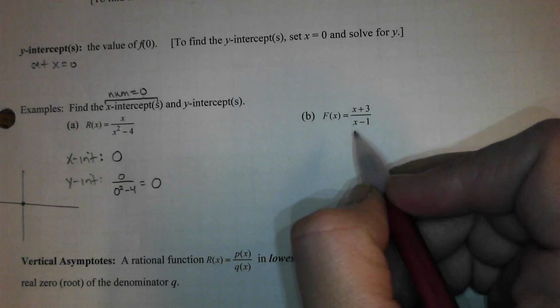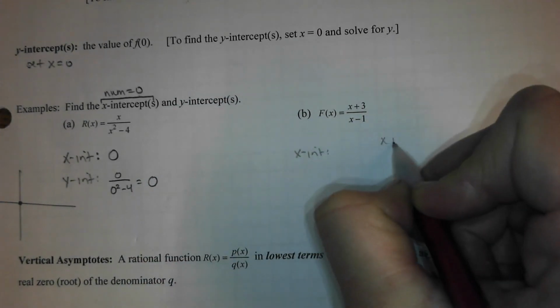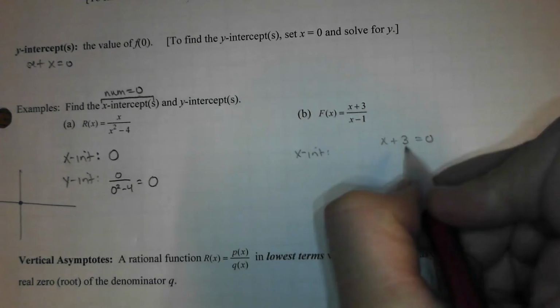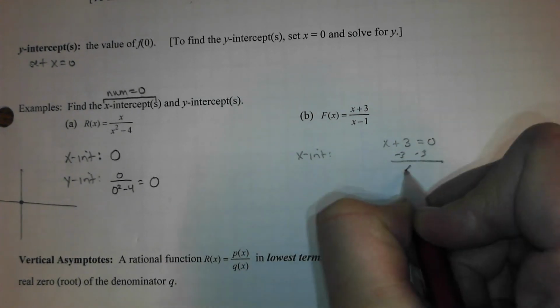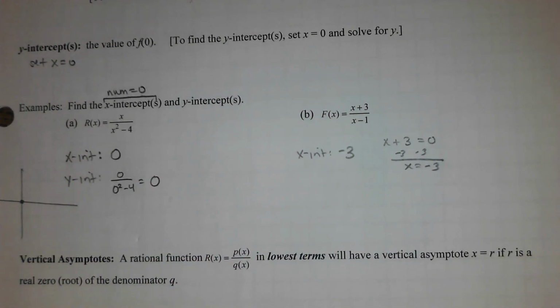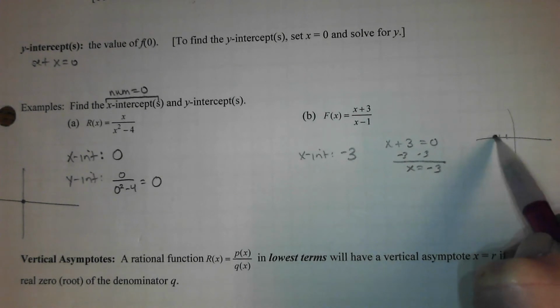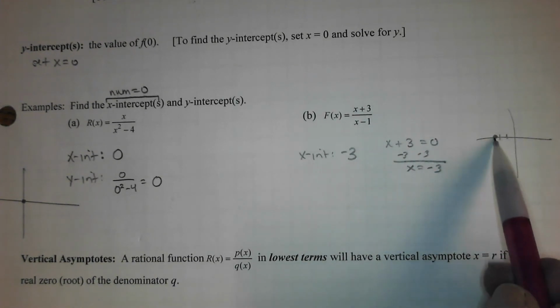On B, the x-intercept comes from setting the numerator equal to 0 and solving. So the x-intercept is -3, which means this graph would cross over there someplace.